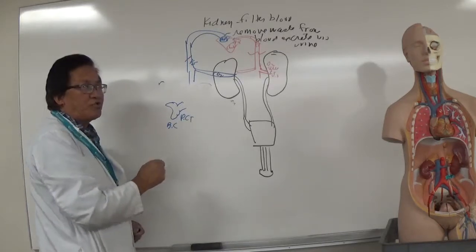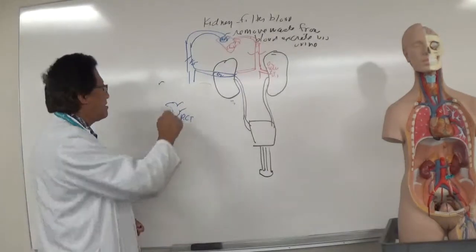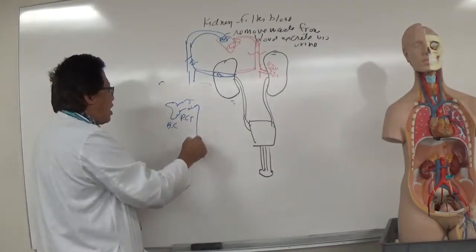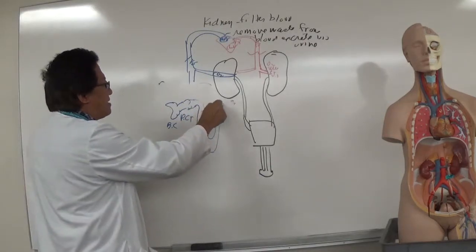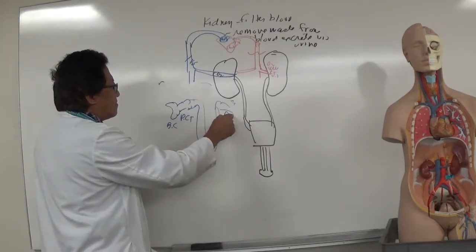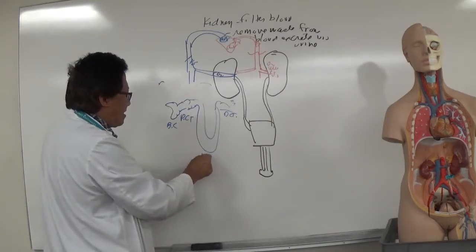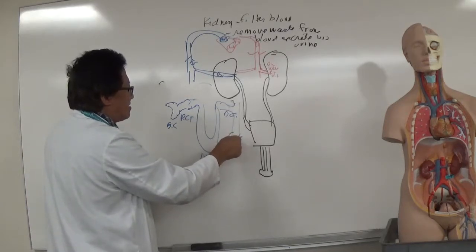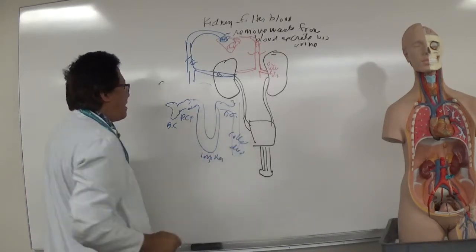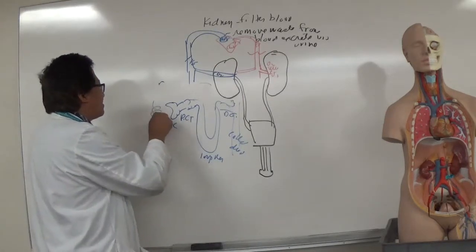Proximal convoluted tubule. Convoluted means it's made of tubules, coiled like this, and then the loop of Henle, the descending and ascending limb, and then the distal what? DCT, distal convoluted tubule. And this is the collecting what? Collecting duct.